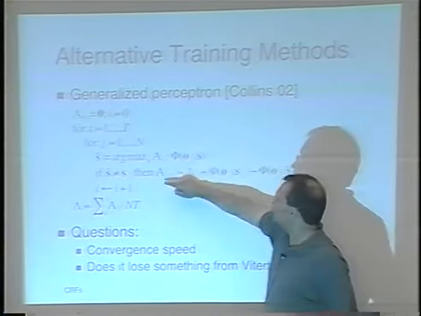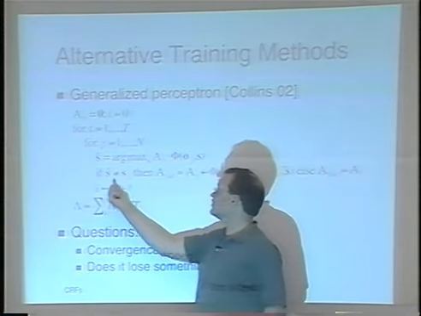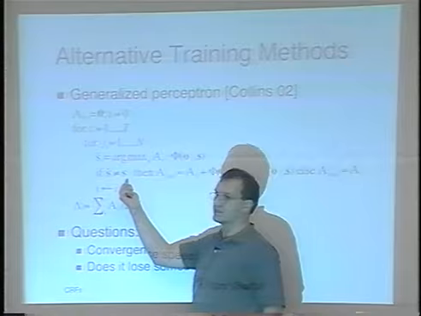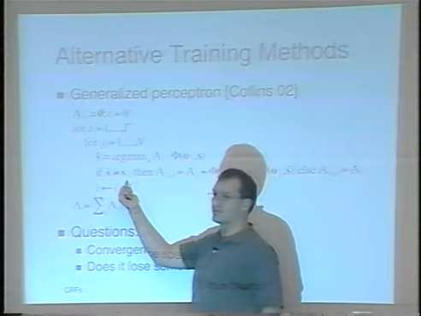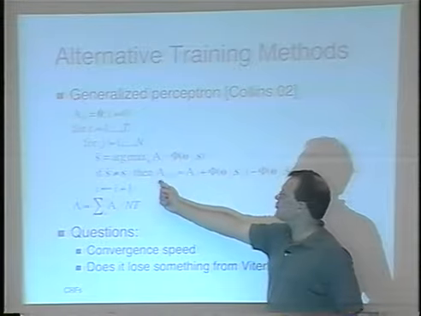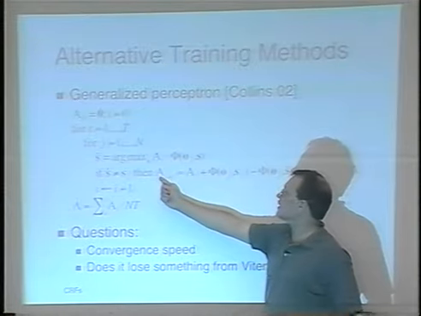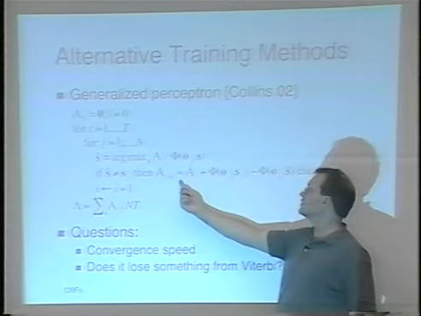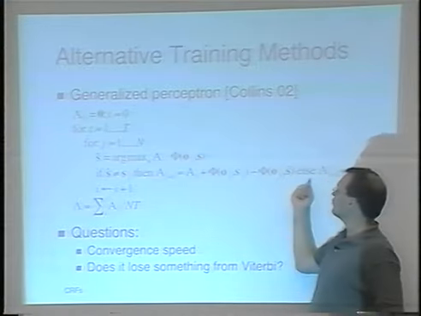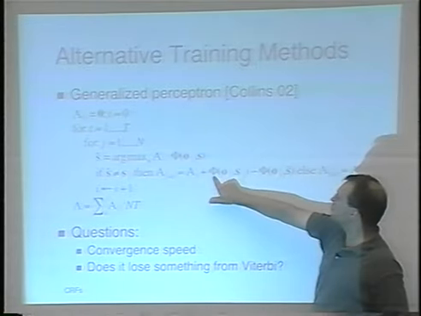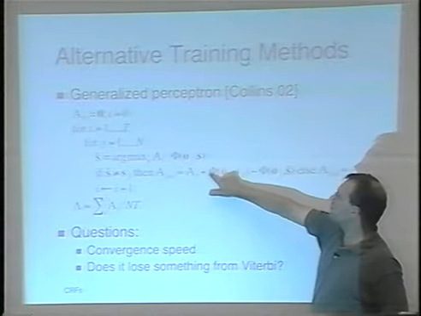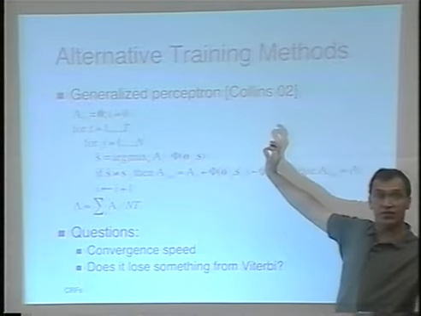But if the labeling you get there is not the correct labeling according to your training set, you take that weight vector A and update it as follows.